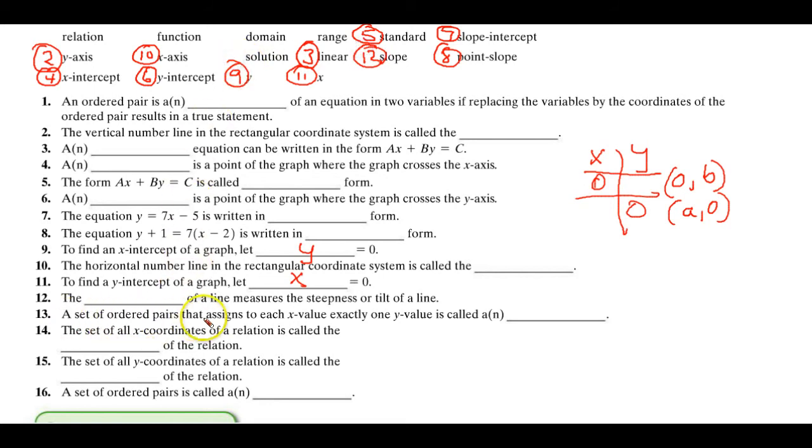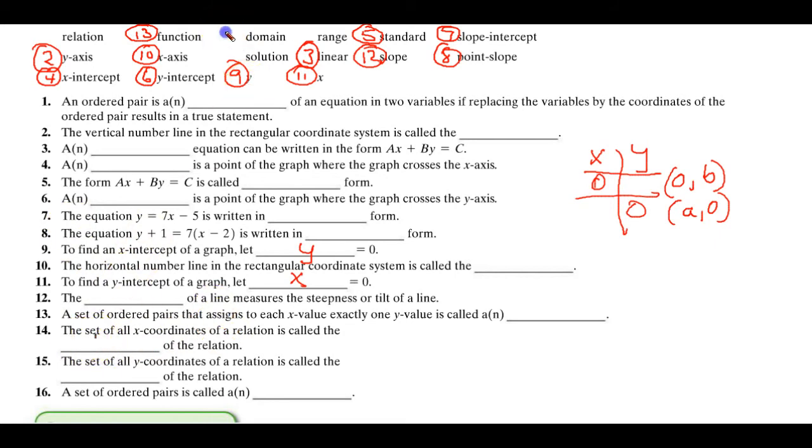A set of ordered pairs that assigns to each x value exactly one y value is called a function. I think that's function anyway. Let's see. That's number 13. The set of all x coordinates of a relation, well, that's domain.